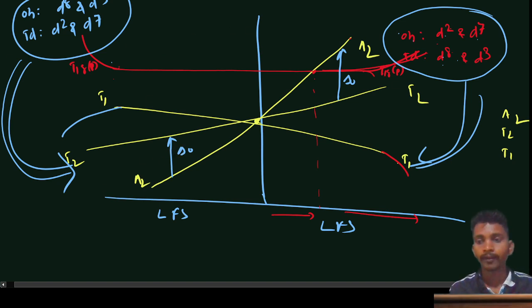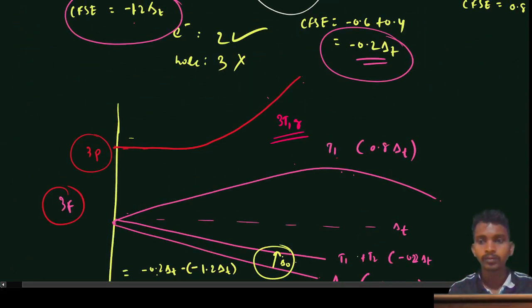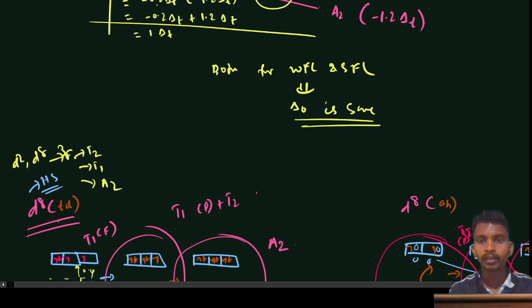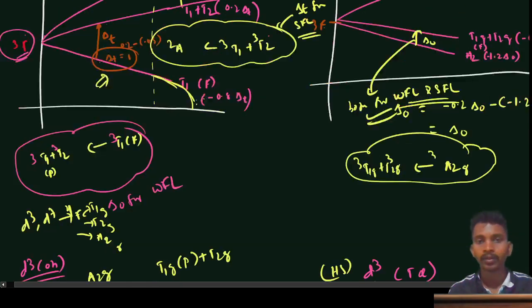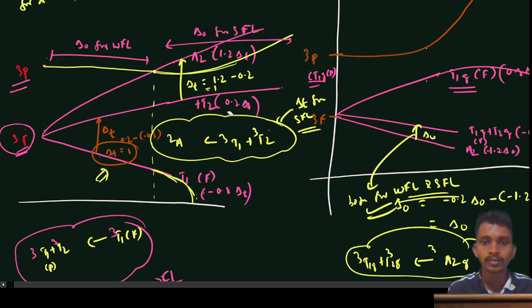And note that I drew here T1 and T2. This is only for T1 because T1P is gone here, so this is only T2. Sorry, yes, this is only for T2 because T1 I have drawn here, so T2 is not there.